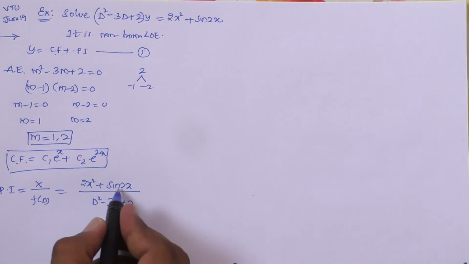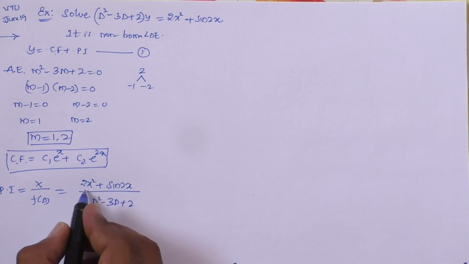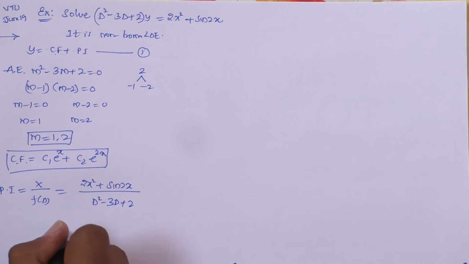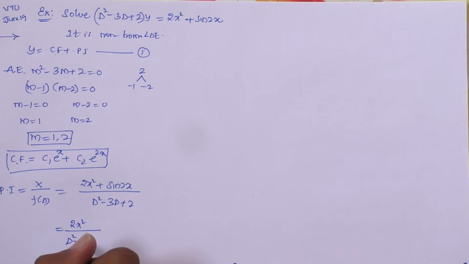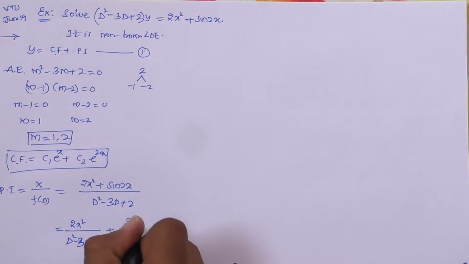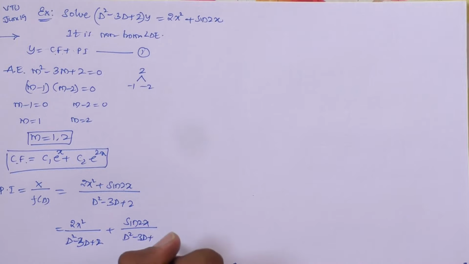So now both are different terms, one is an algebraic term, one is a trigonometric term. So divide separately: 2x square divided by d square minus 3d plus 2 is one term. Then the second term is sin 2x divided by d square minus 3d plus 2.